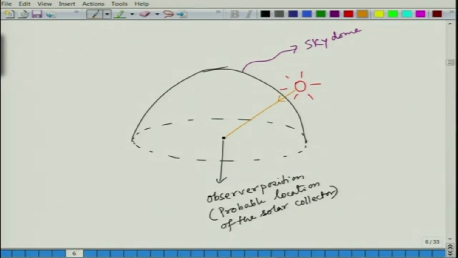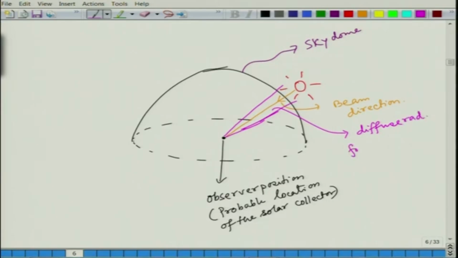Now, whatever is coming close to this beam direction, this part, the diffuse radiation from close to the beam direction, we call it the circumsolar component.